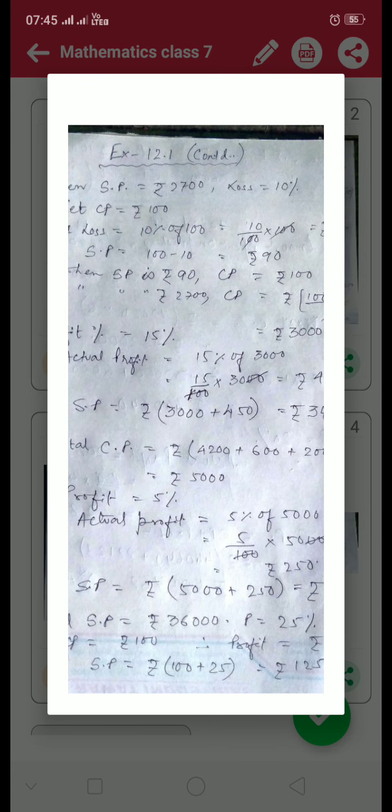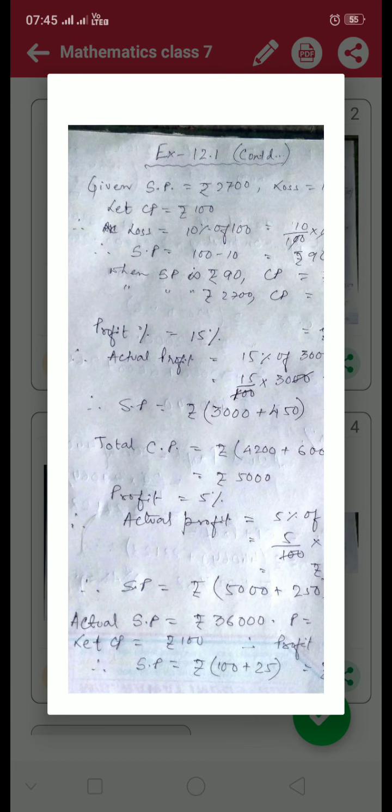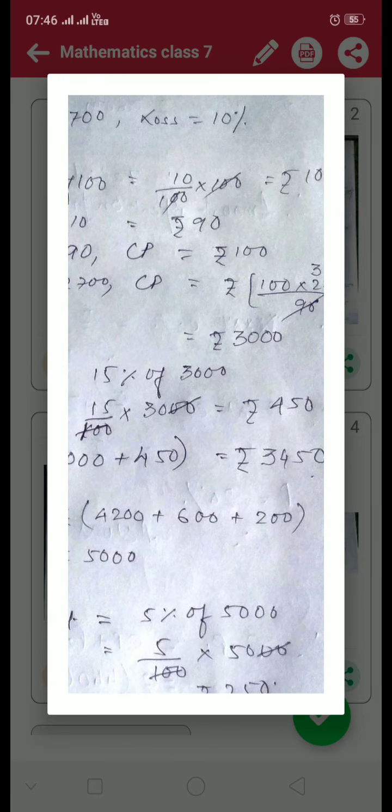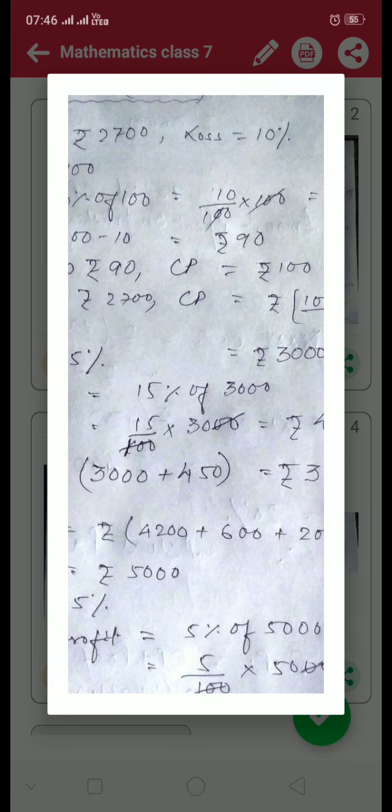You will first find the CP. So how to find the CP? As we have done before, let CP be rupees 100 and loss is 10%. So loss will be 10% of 100, that is rupees 10.